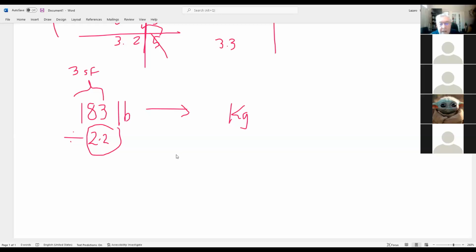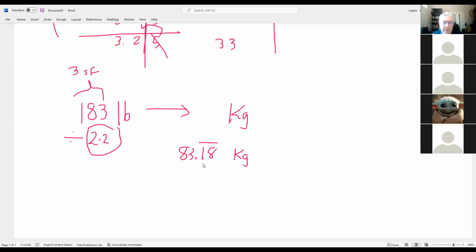How many significant figures are you supposed to report? According to the calculator, it is 83.18, and you repeat the 18 several times. So, is this the answer? What do you think? Yes or no?